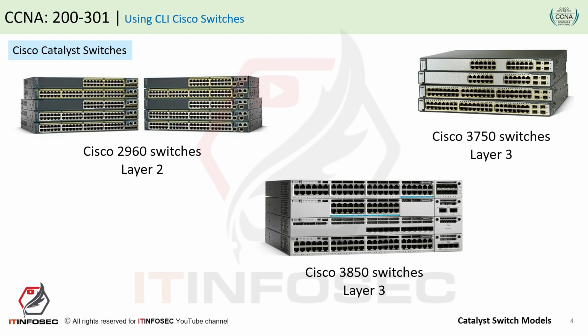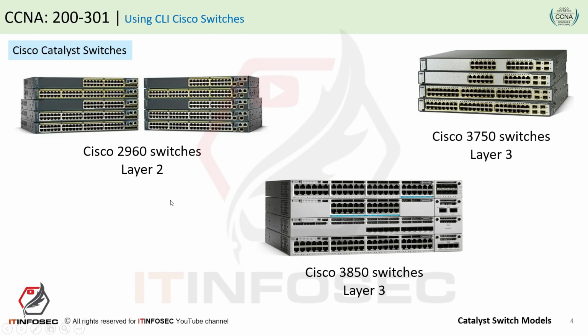Within the Cisco switches, there is a wide variety of switch series and families, and for a start in the CCNA course, we want to work with the Cisco 2960 model. This is the famous model for layer 2 switches.